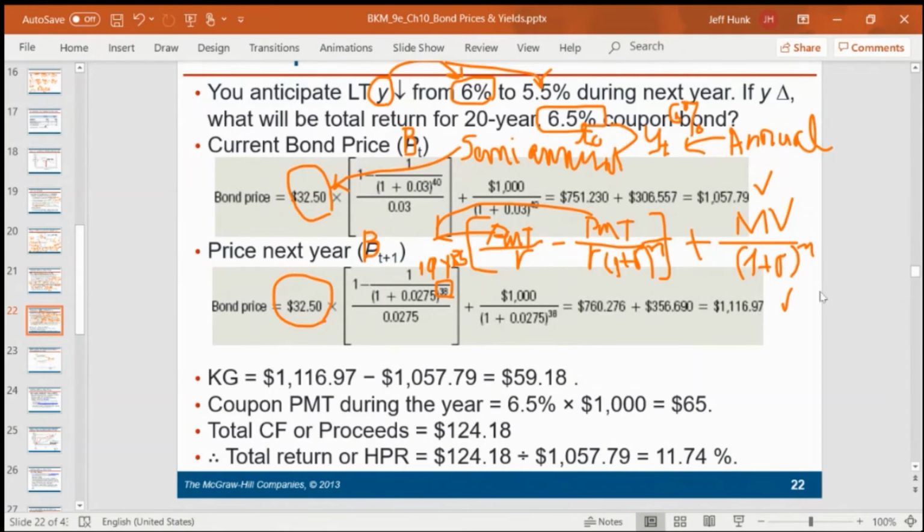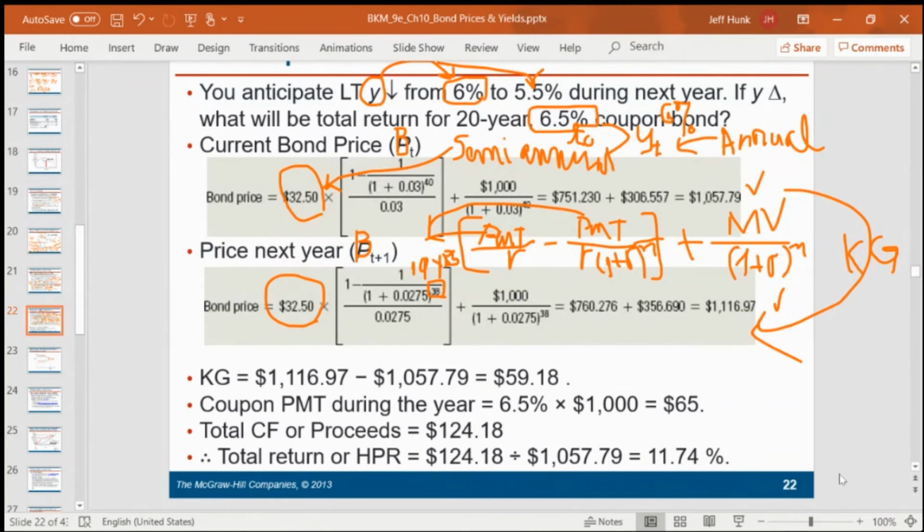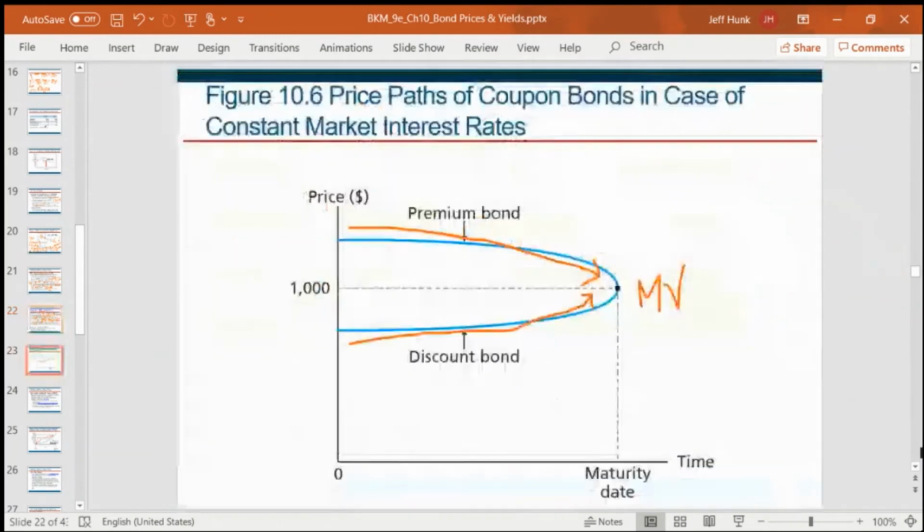So what do you see here? You see capital gains in this case. But you might wonder, didn't I say if it is a premium bond, then over the life of the bond there will be a decline in the capital price, and if it is a discount bond, capital gains will be increasing?